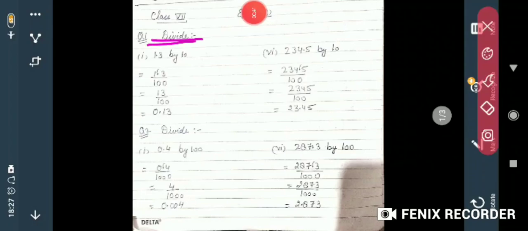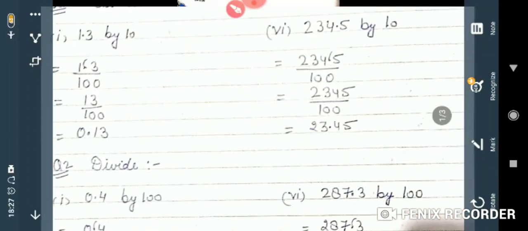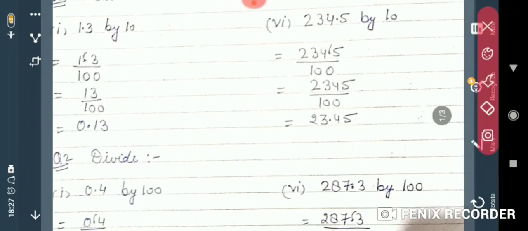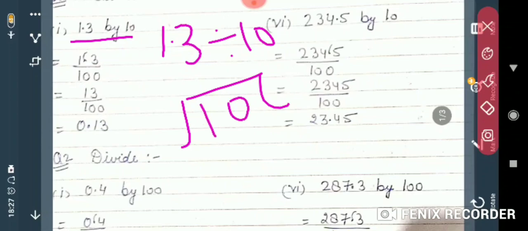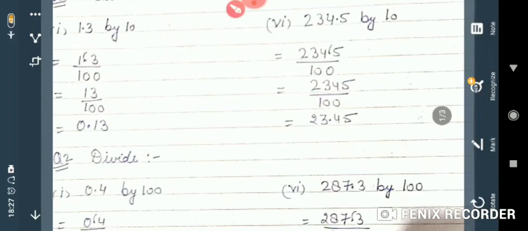Here the first question is divide 1.3 by 10. You can divide it directly. This is the first method.